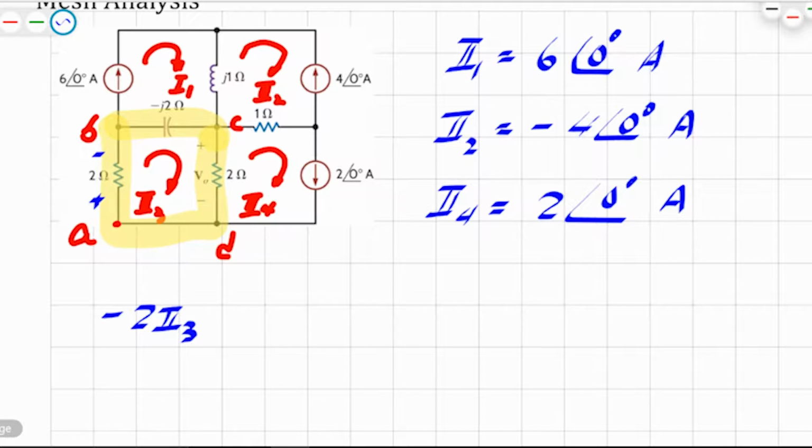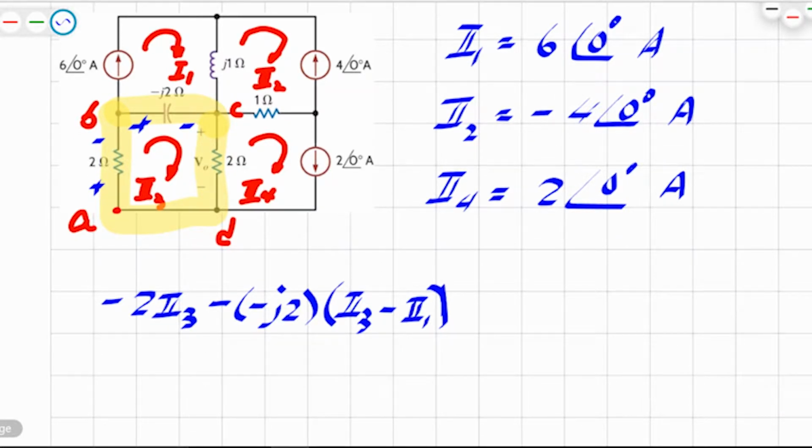And when we go through the capacitor here, we notice that I1 and I3 are sharing the capacitor. So, minus of minus J2 times the net current, which is I3 minus I1, because we defined I3 as the positive direction, as we assume this is a decrease in voltage right here.